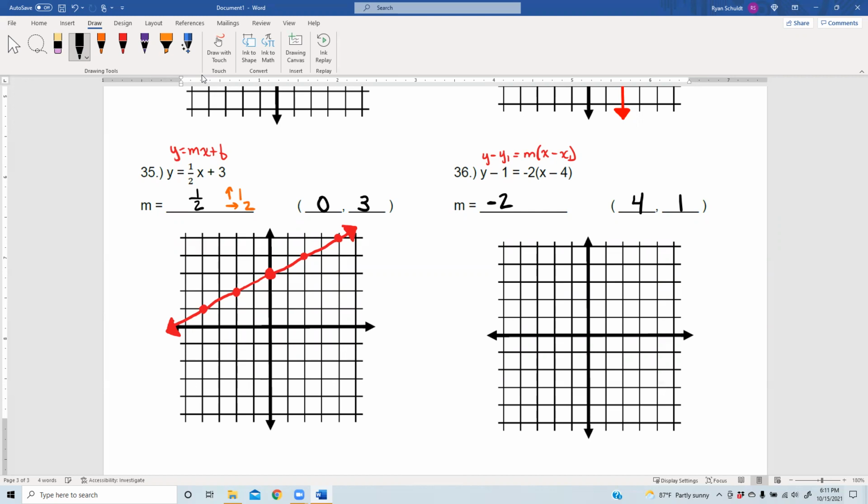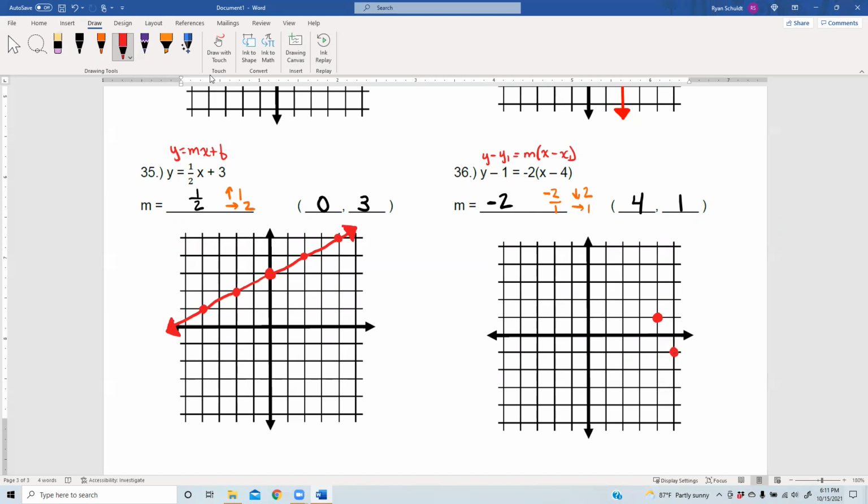In the wrong color, but there's going to be a point there. And then my slope, remember, -2 can be written as -2/1, which means I go down 2, right 1. So down 2, right 1.